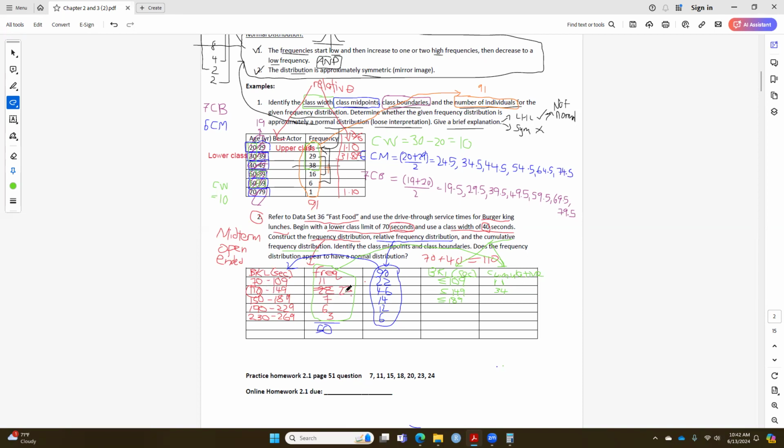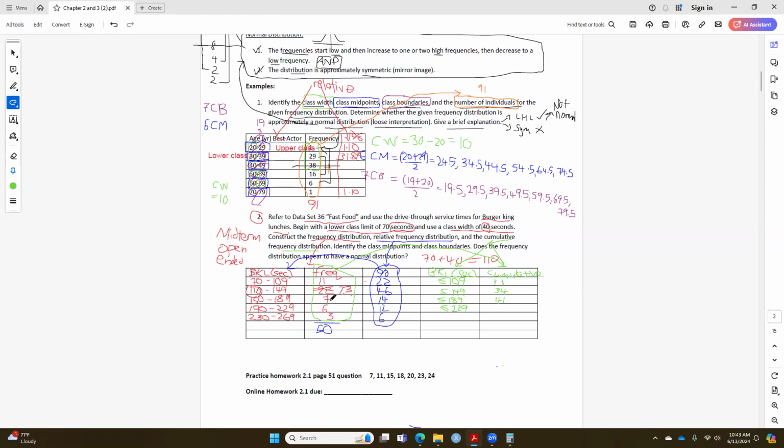So we're going to add all these numbers. Or, because we already added these two to get 34, we just need to add 7. So 34 plus 7 is 41. Okay. And then the next class for the cumulative frequency distribution is less than or equal to 229. Again, that means this is measuring from 70 to 229, not 190 to 229.